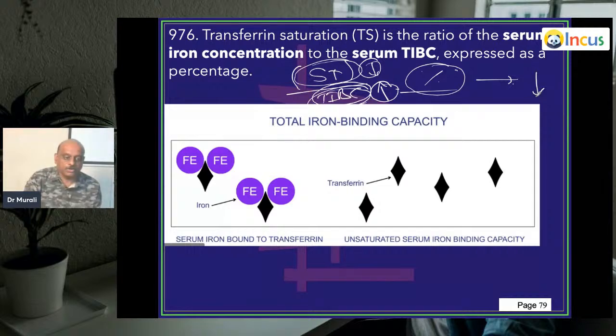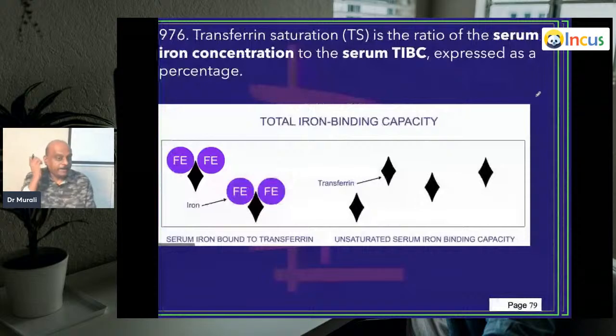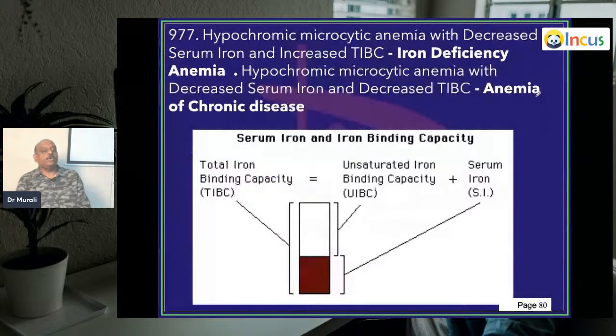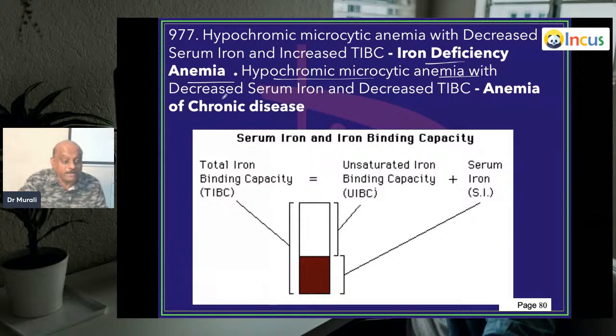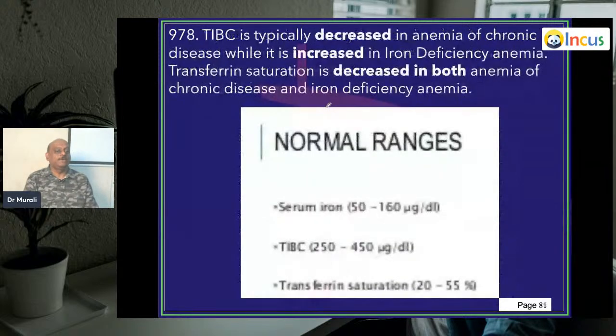All right. So where do you have hypochromic microcytic anemia with a decreased serum iron, increased TIBC? Iron deficiency. Microcytic hypochromic anemia with decreased serum iron, decreased TIBC? Anemia of chronic disease is what you need to remember.